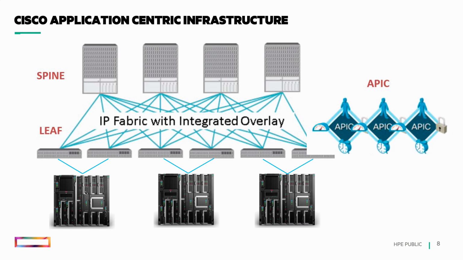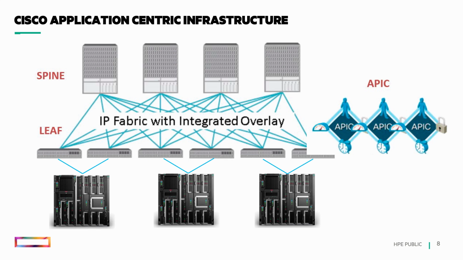But really for the control plane, the key component for Cisco ACI will be the APIC controller. This is more like a class of servers running the Cisco APIC software, doing all the intelligent controlling for the whole fabric.